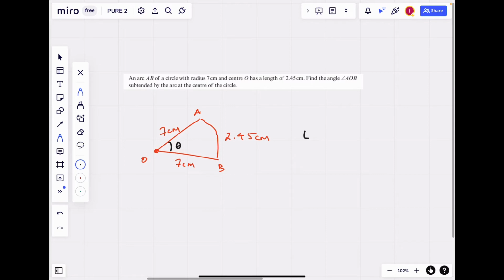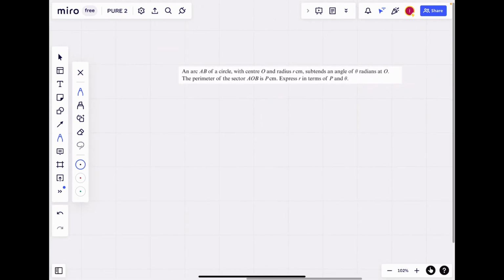Easy. L equals R theta. You're going to rearrange. So theta equals L over R. 2.45 over 7. You stick that in your calculator and you should get 0.35 radians, so RAD. Easy. Okay, let's have a look at this question.